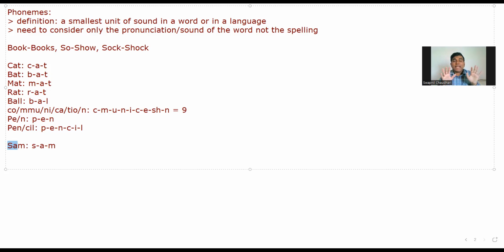Yes, "sa" and "a". We can separate that. So "sa", "a", "ma", three phonemes. Okay? So phonemes, again, you can see it is the smallest unit of the sound in the language. So yes, people, I hope this concept of phonemes is clear to you.